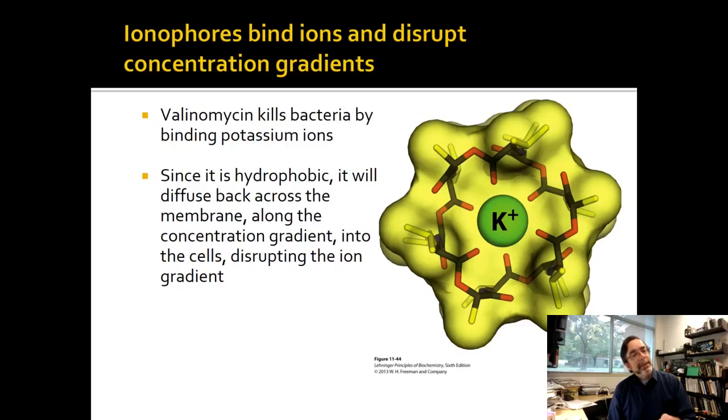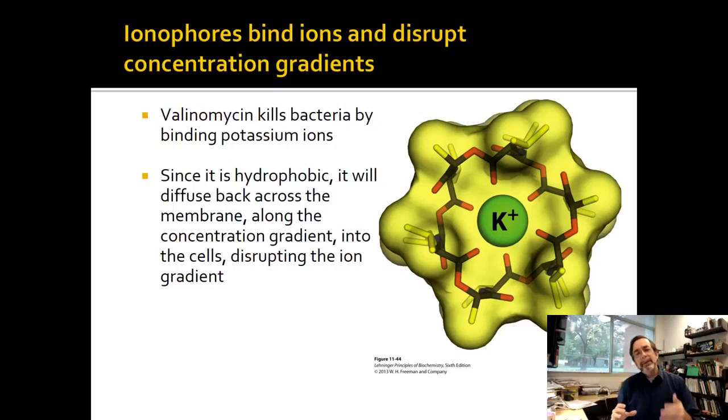And potassium is the kind of thing that's supposed to be inside the cell, right? And you're counting on the membrane to keep that inside the cell. It has a concentration gradient where if it could, it would flow right out of the cell. If you have an ionophore, you actually disrupt that because the ionophore, look at this ionophore right here, has a charged inside, but it has hydrophobic sort of methylvaline type groups on the outside.